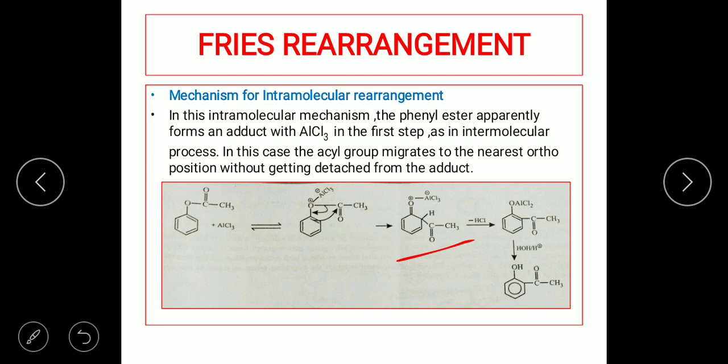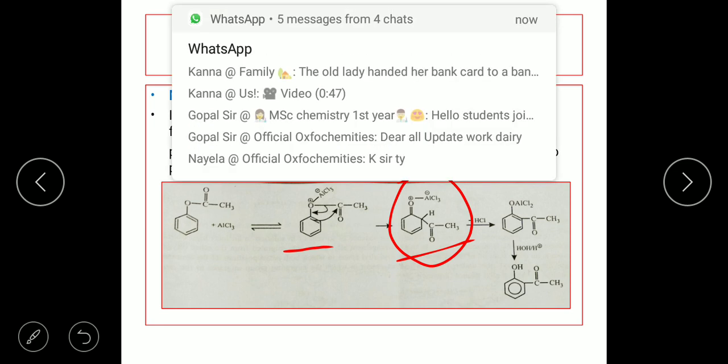Now this is nothing but an example of an electrophilic substitution reaction, wherein an electrophile attacks the electron rich center, and here the electron rich center is nothing but the aryl group. So the acyl group attacks the ring, that is the double bond of the benzene ring, and we are going to get an intermediate of this kind wherein the acyl group is linked to the ortho position.